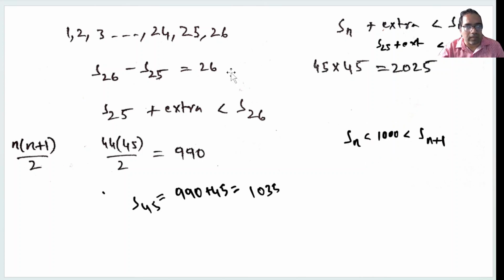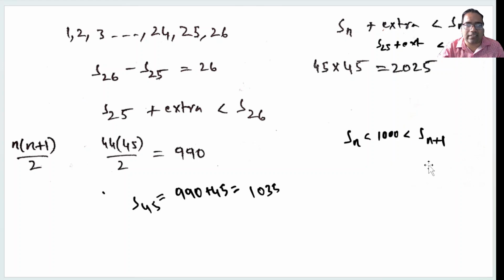Right. Because something is extra, it cannot be lesser than Sn or greater than Sn plus 1. If he has added till some number, then he is adding some other number, which is between 1 and n. So obviously the sum will be greater than Sn and it should be less than Sn plus 1. Right, this 1000 should be greater than Sn and 1000 should be less than Sn plus 1.